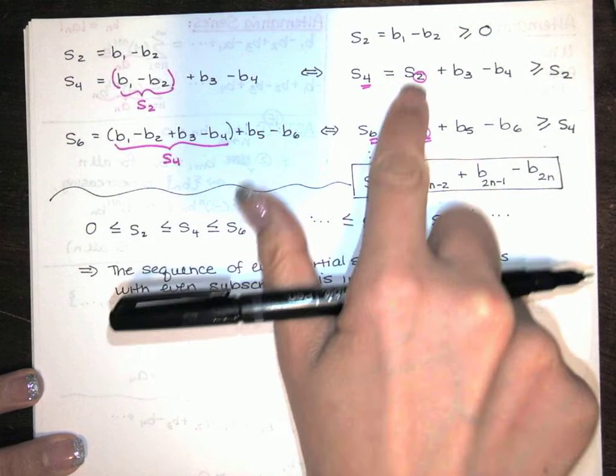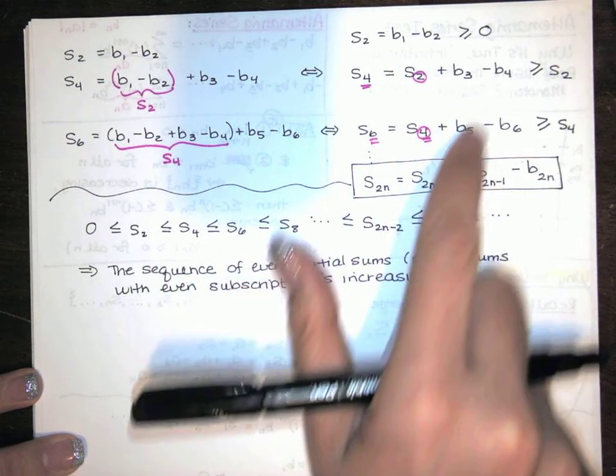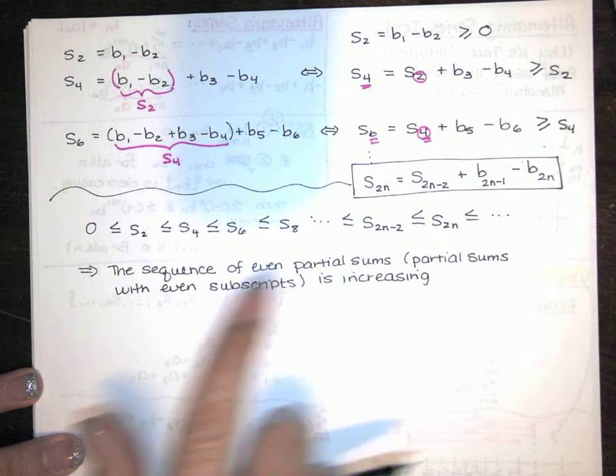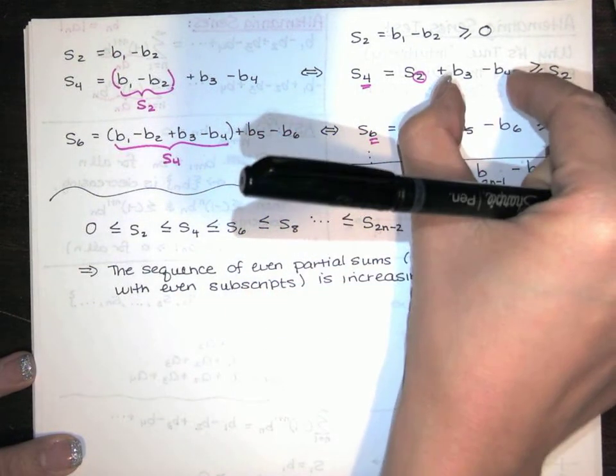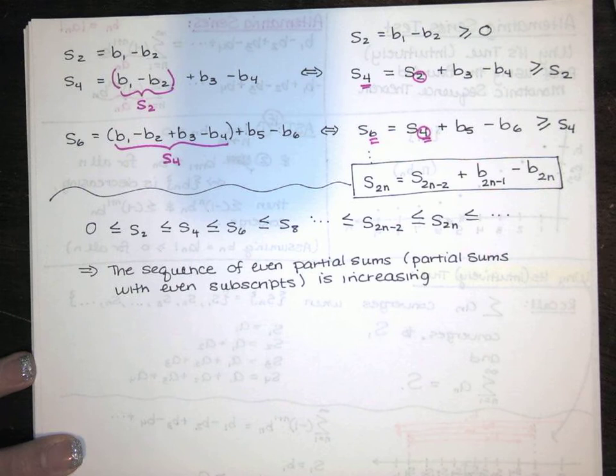Because I'm taking a number and adding a little bit to it, and I'm taking another number and adding a little bit to it, and every time I add a little something, that makes it just a little bit larger.